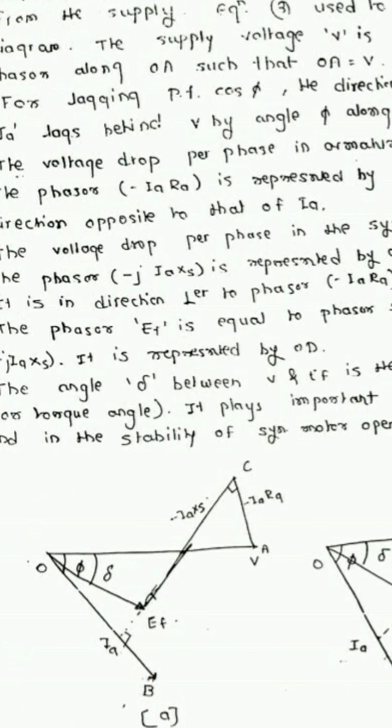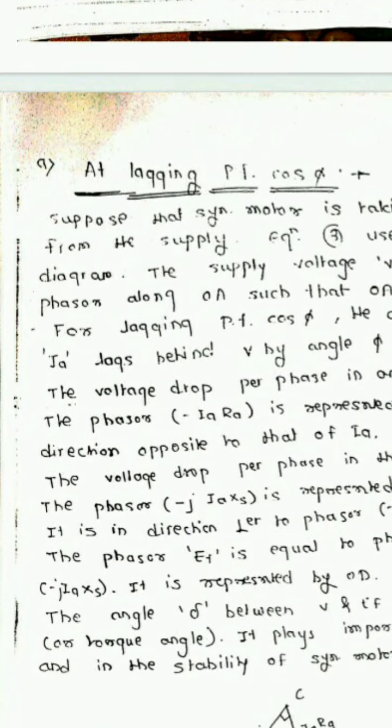The voltage drop per phase in the synchronous reactance is Ia Xs. The phasor minus j Ia Xs is represented by the line CD, in a direction perpendicular to the phasor minus Ia Ra.